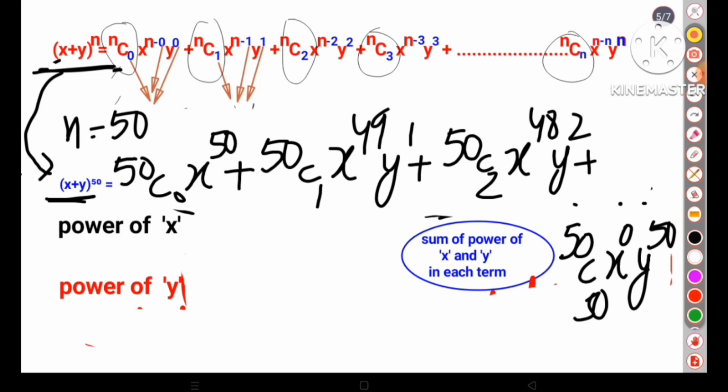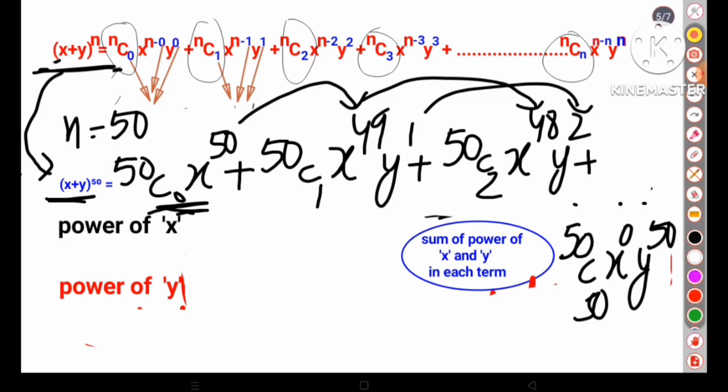You can see here that the power of x is decreasing but the power of y is increasing, and the same value which is written in the coefficient 50C0 is subtracted from the power of x. Here 1 is subtracted from the power of x and here 2 is subtracted from the power of x.